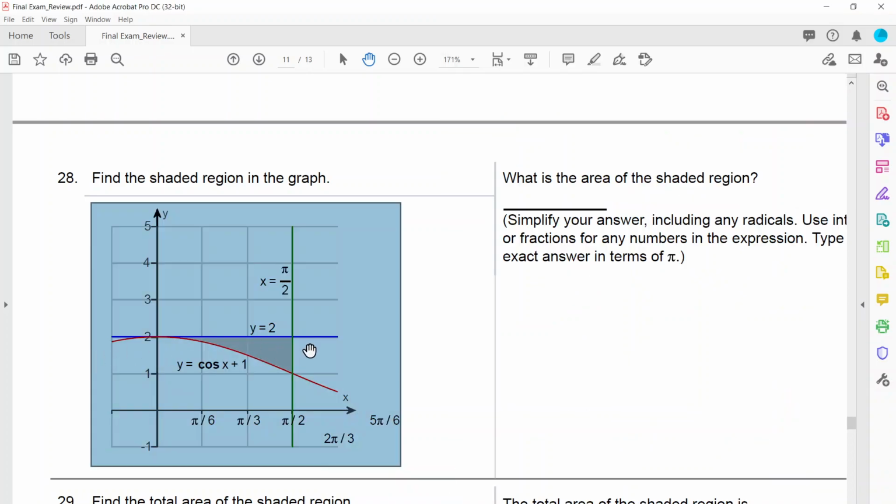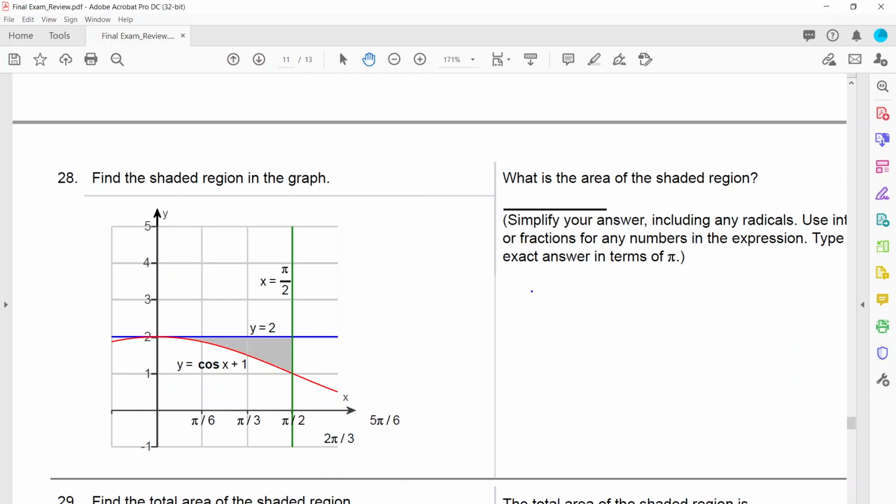So to find this area, you have to find this integration from 0, from this point to this point, which is pi/2. F of x is 2 minus cosine of x, and there is a plus because of this minus, that becomes plus.